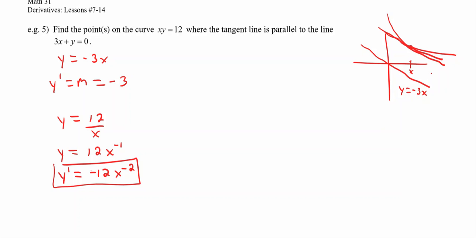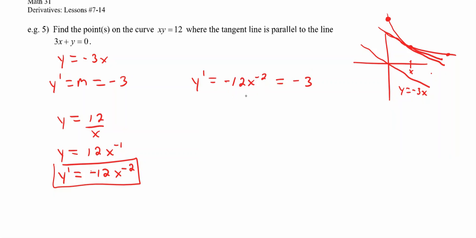Well, that's not too bad, because we know what that's supposed to be equal to. This is the general equation for the derivative at any given point on that line, but we know that it's supposed to be exactly equal to negative 3. So let's do that. We'll say y prime is equal to negative 12x to the negative 2, which is equal to negative 3.